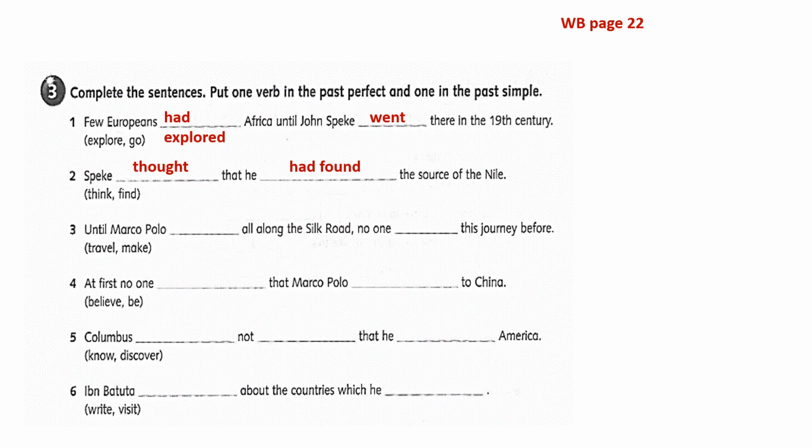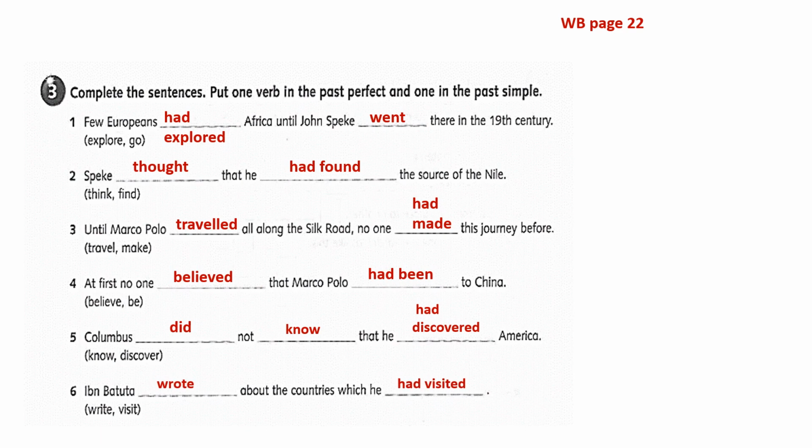Number three, until Marco Polo traveled all along the Silk Road, no one had made this journey before. Number four, at first, no one believed that Marco Polo had been to China. Number five, Columbus did not know that he had discovered America. And number six, Ibn Battuta wrote about the countries which he had visited.